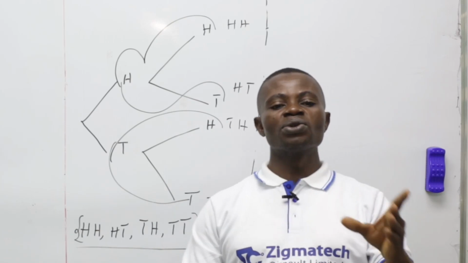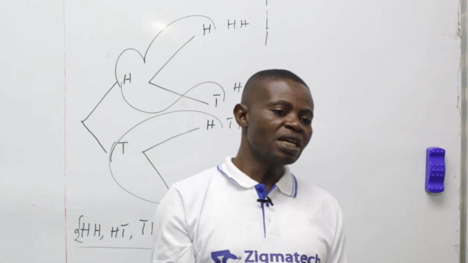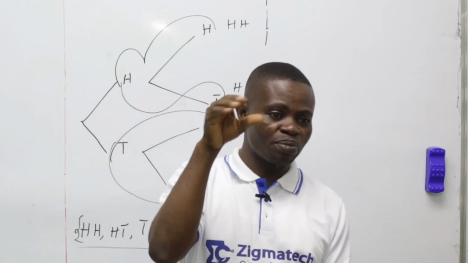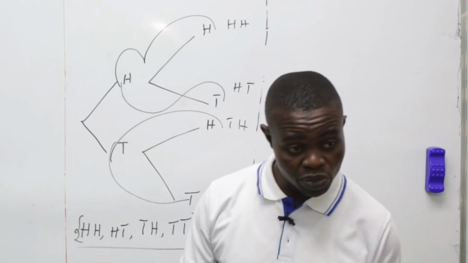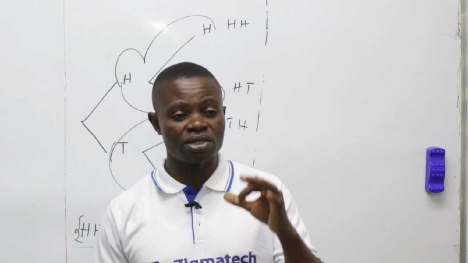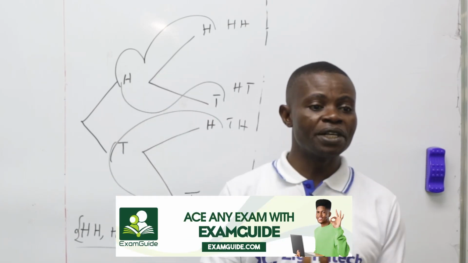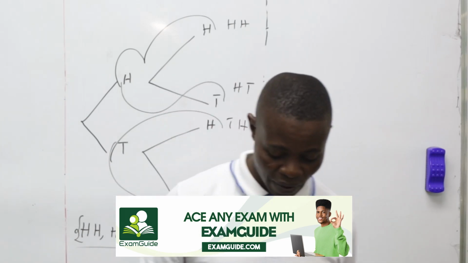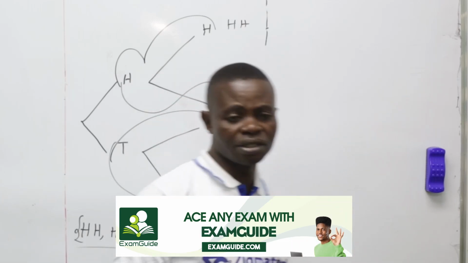But that does not mean that you are going to draw 3 diagrams into 3 places, except the question says if it is thrown twice or it has been done 3 times without replacement. The beauty of the tree diagram is the question of without replacement. For with replacement, we don't have any challenge about solving it. But without replacement, it's always challenging in nature.